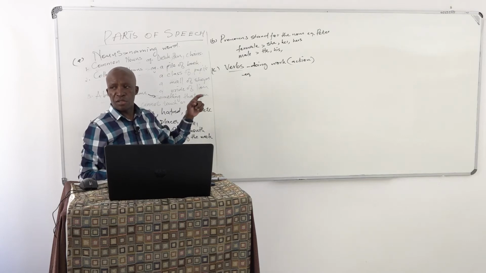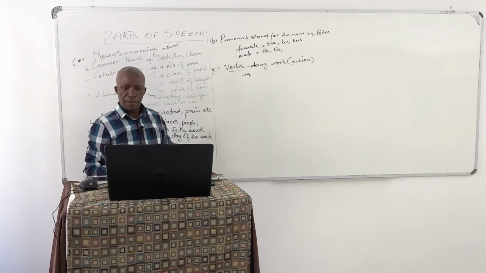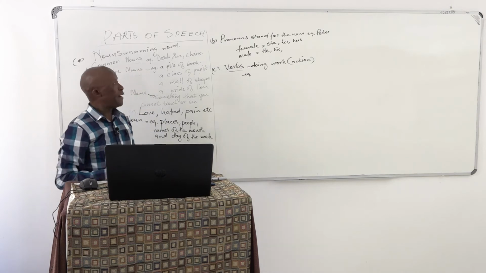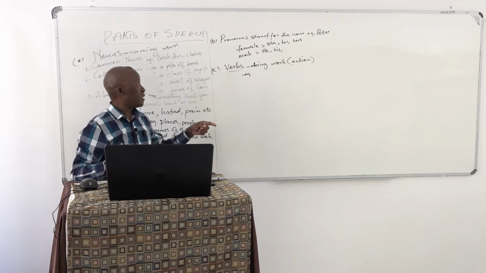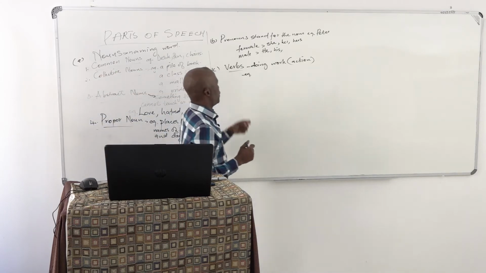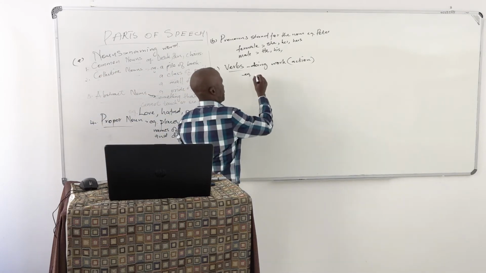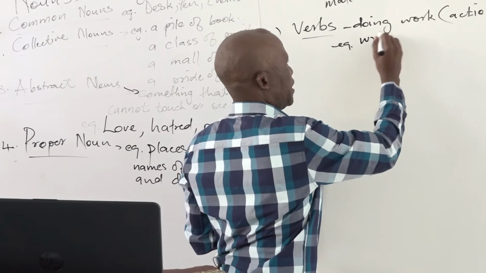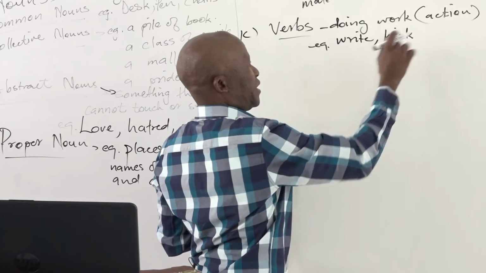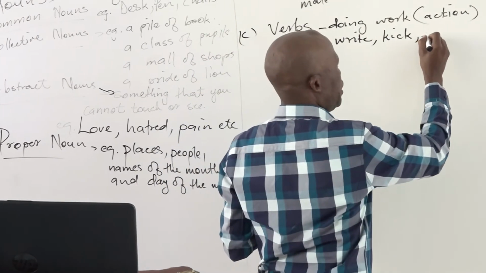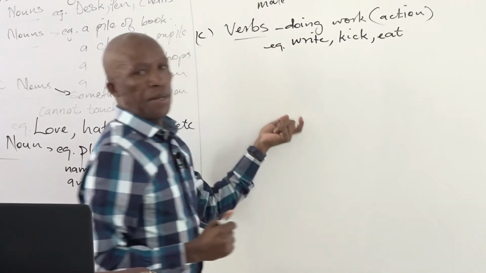Remember, this is all about concord, agreement of words. Verbs are very problematic when it comes to the plural form of the subject of the sentence. Examples of verbs: write, like I'm writing, kick, that is action taking place, eat. These verbs are in the present tense.